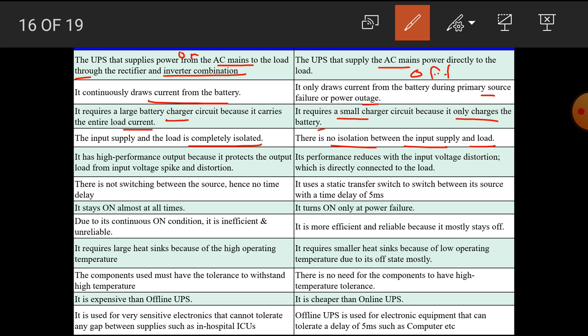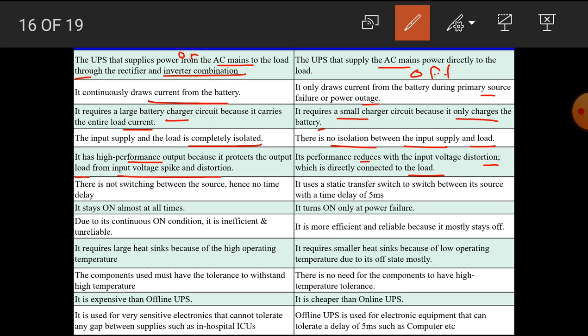Online UPS has high performance output because it protects the output load from input voltage spikes and distortion, while in offline UPS its performance reduces with the input voltage distortion, which is directly connected to the load.